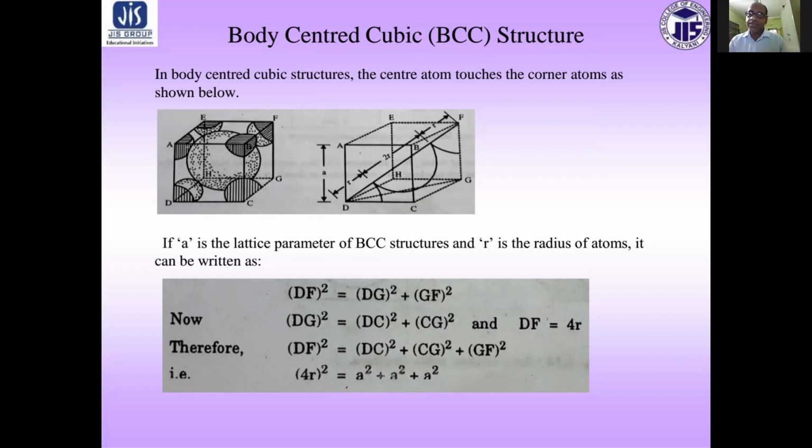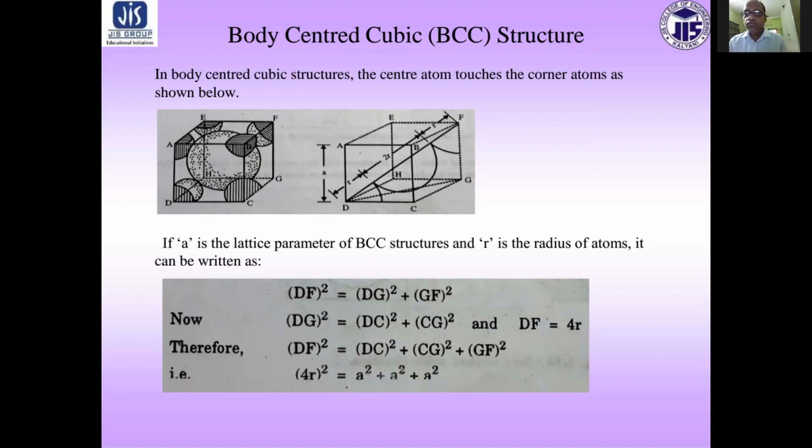From the figure, dF square is equal to dG square plus GF square. In this BCC structure, the corner atoms touch the center atom, and we have drawn a tangent and divided it into R, 2R and R respectively.